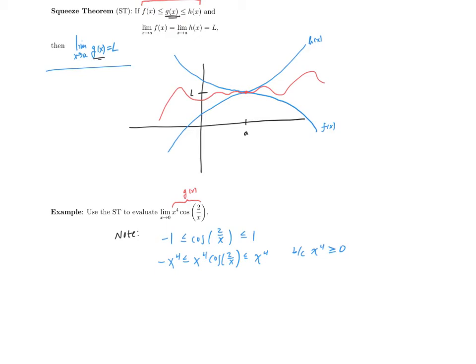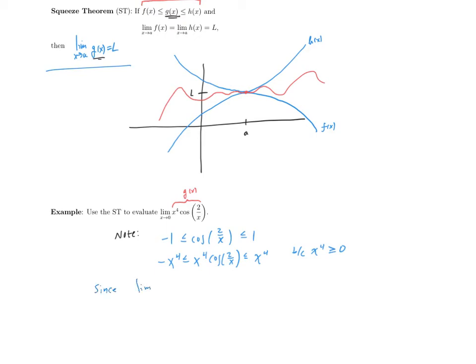And note, now things are looking really good. We can take the limit of the smaller function as x approaches 0 and the larger function as x approaches 0. They are both polynomials, so we can use the substitution property.